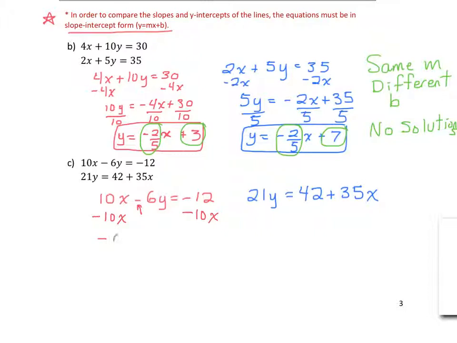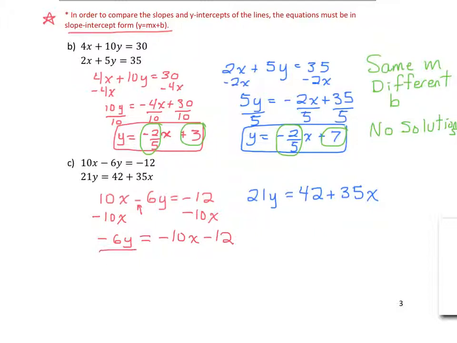That leaves us with negative 6y because 10x minus 10x is 0, and 0 minus 6y is negative 6y. Then we'll have equal to negative 10x minus 12.